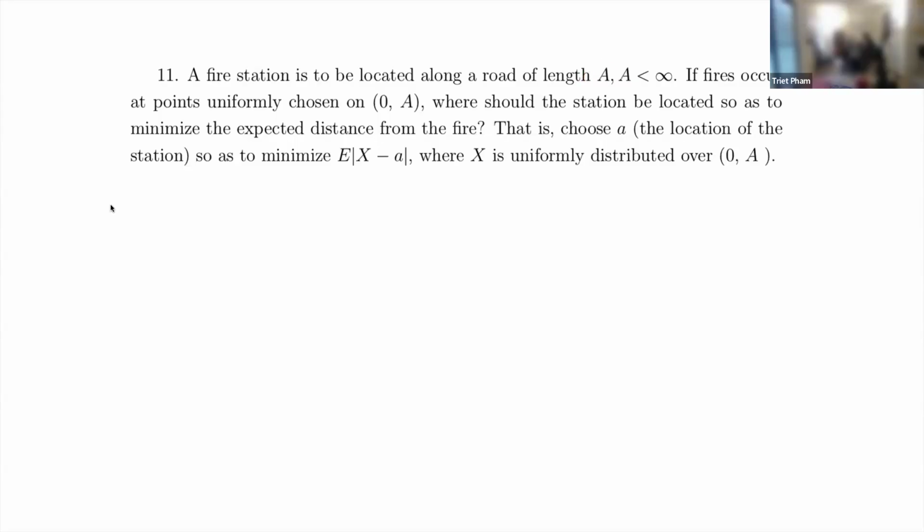And then you want to choose little a to minimize this. So the problem, of course, is to minimize over all a between 0 to big A, right? Like that.